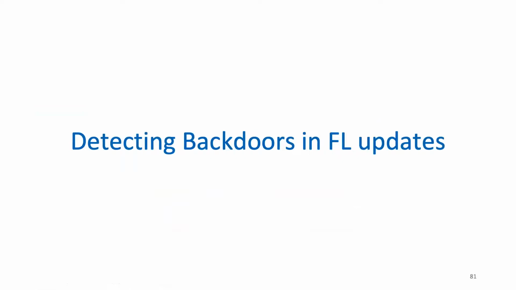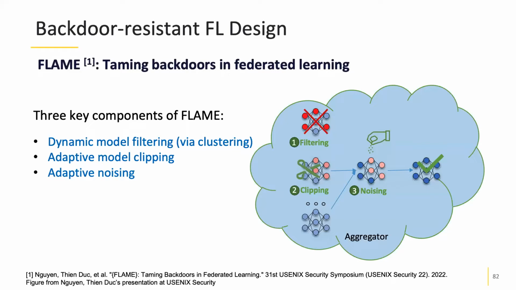In the following slides, I'll talk about the detection methods against backdoor attacks in federated learning. The first exemplar defense I'll introduce is called FLAME. The high-level workflow of FLAME is shown in this figure here.